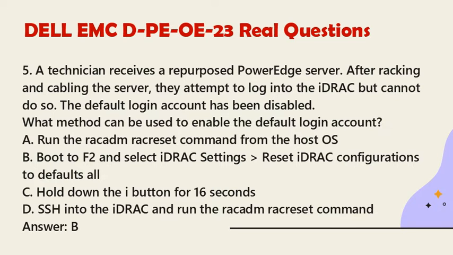B. Boot to F2 and select iDRAC Settings. Reset iDRAC configurations to defaults all. C. Hold down the i button for 16 seconds. D. SSH into the iDRAC and run the racadm racresetcfg command. Answer: B.